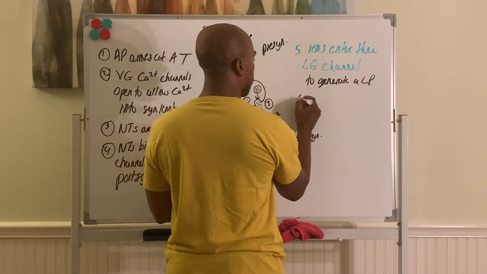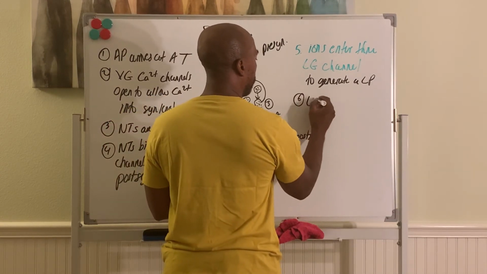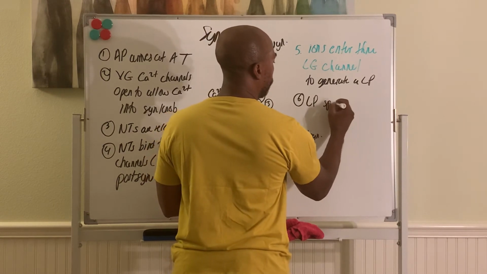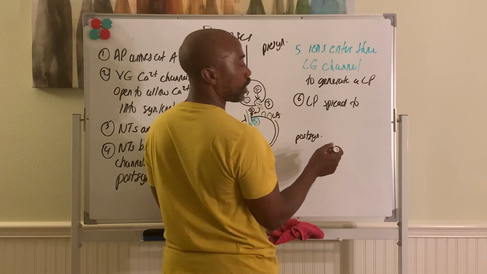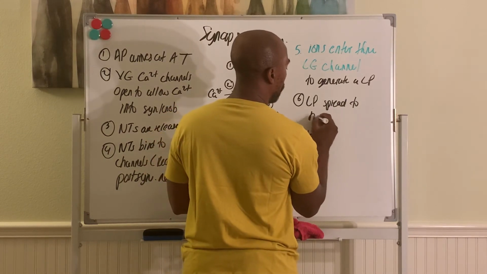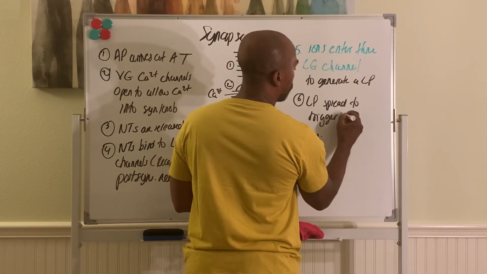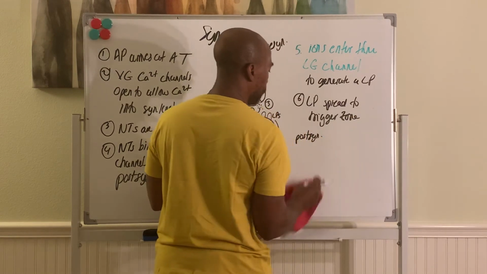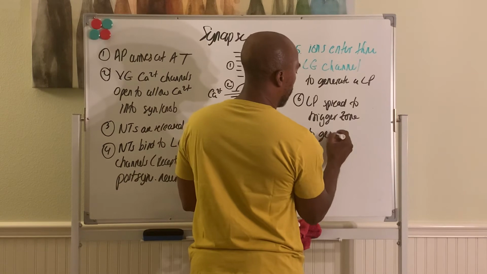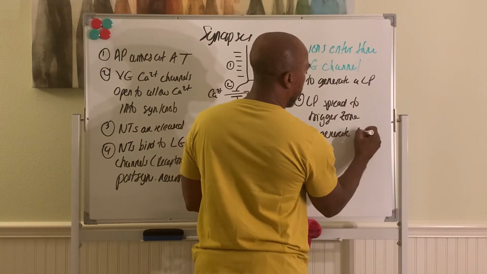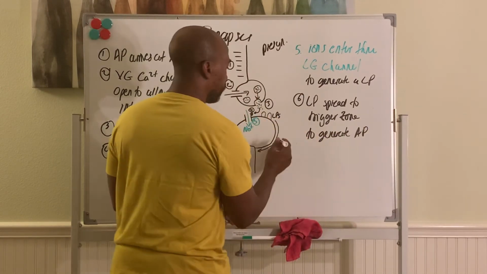So step six is LPs spread to the trigger zone to generate an action potential. Again, LP is local potential.